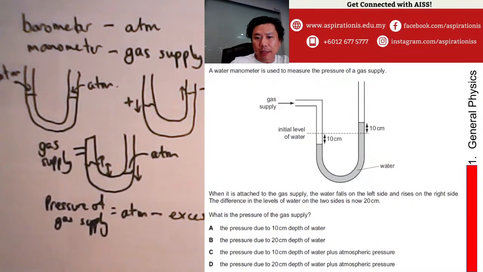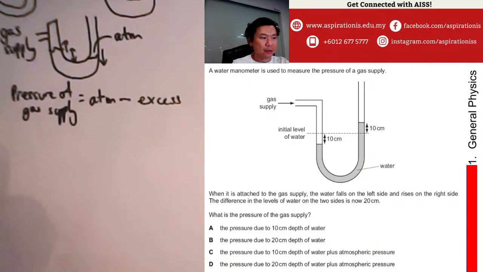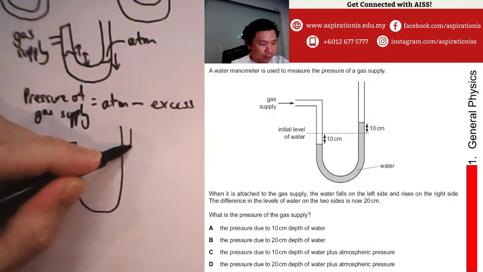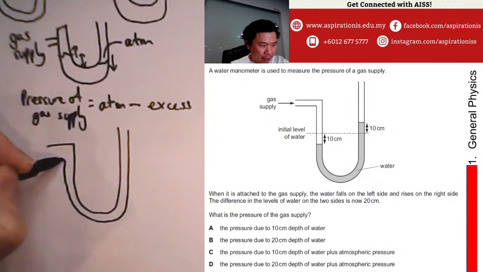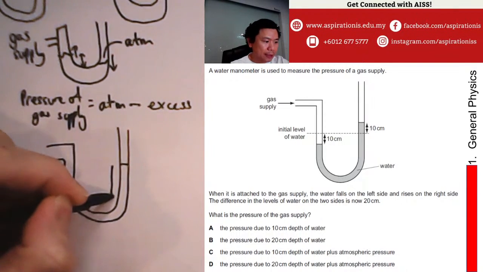Now let's look at the question. Now you have the question whereby you have the gas supply, and the difference in height is 20 centimeters.